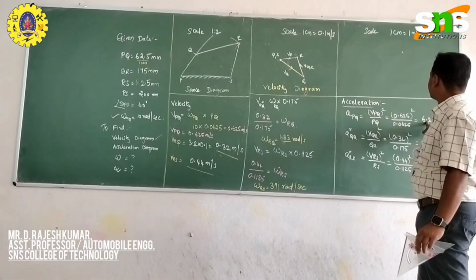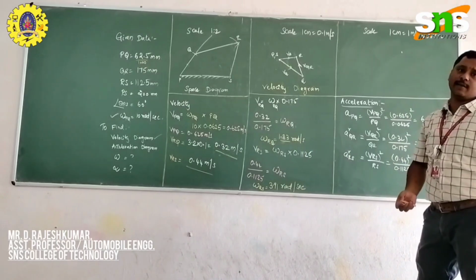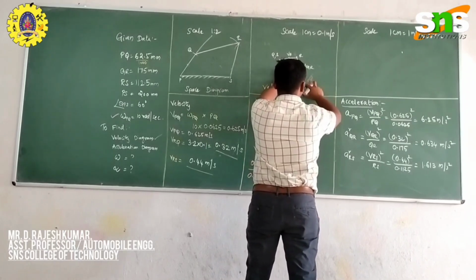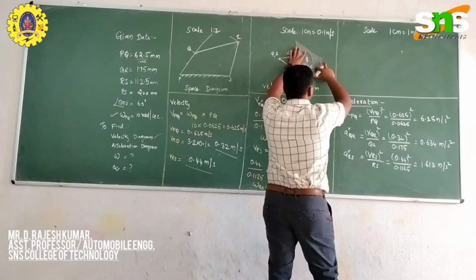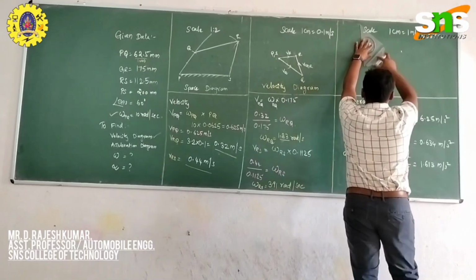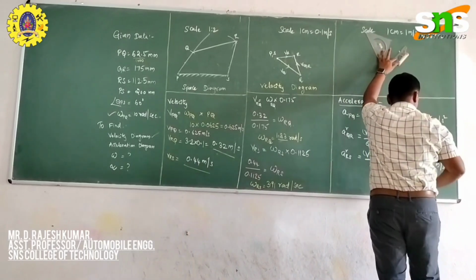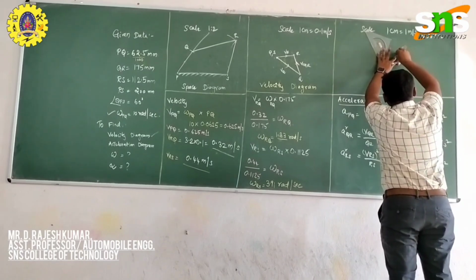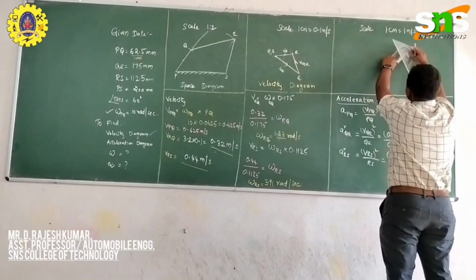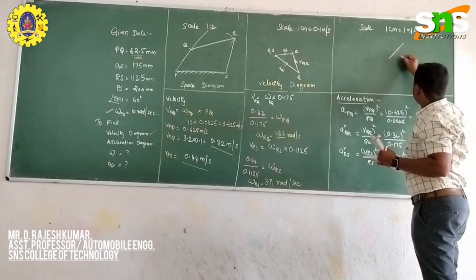I have obtained 6.25 meters per second square, which means according to my scale I have to draw 6.25 centimeter.